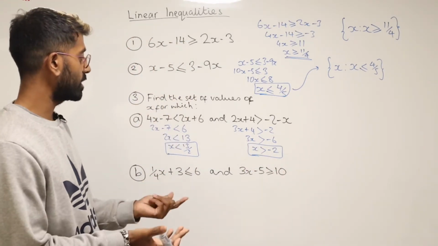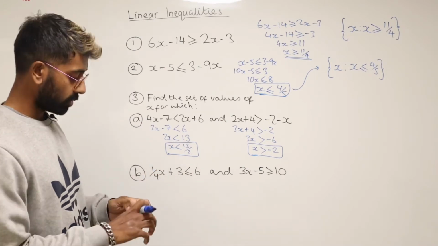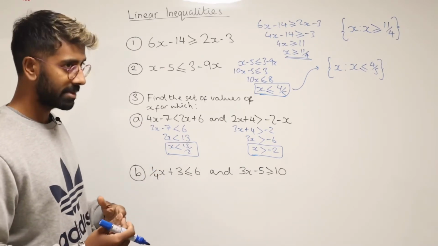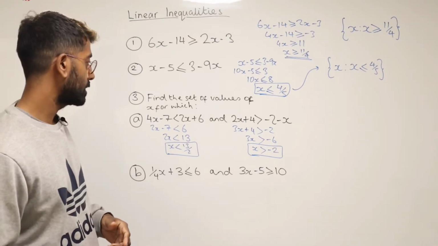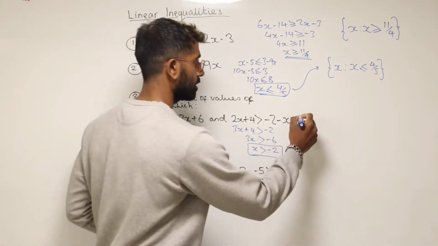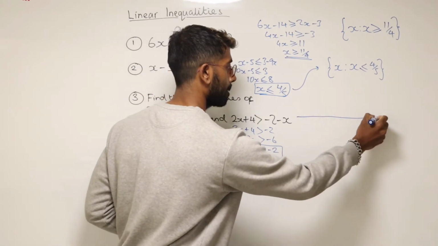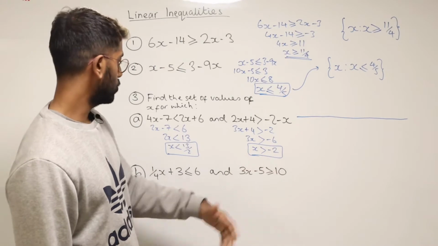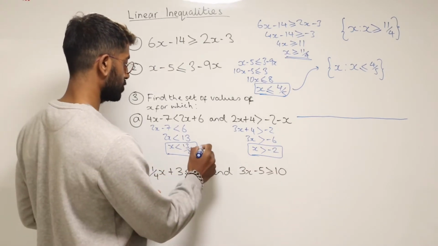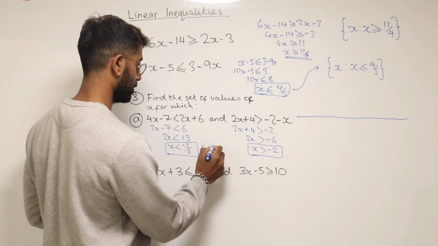Now there's a few different ways we could leave this. Now what I want to do is maybe draw or represent this on a number line. So let me just draw a number line here. And so far the answers we've got are minus 2 and then 13 over 2, which is basically 6.5.